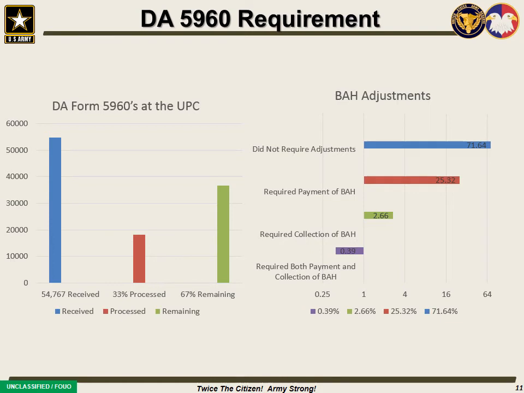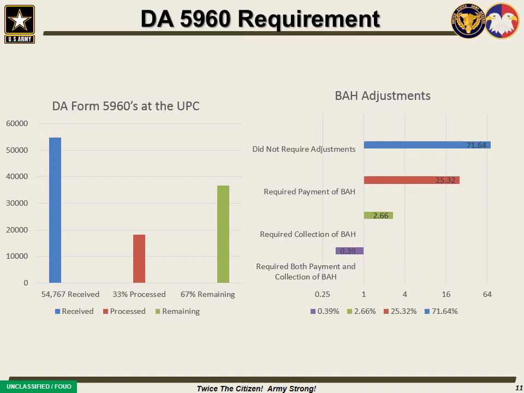The ability to create DA Form 5960s in RLAS will in the long term ensure accurate BAH payments for USAR TPU soldiers. In the short term, the large volume of DA Form 5960s created by units for changes in dependency status dating back months or years is causing significant workload for the pay center.